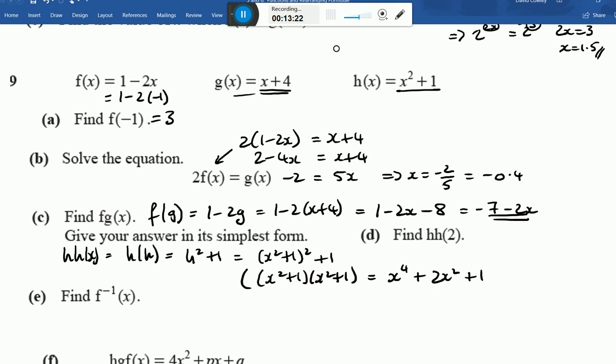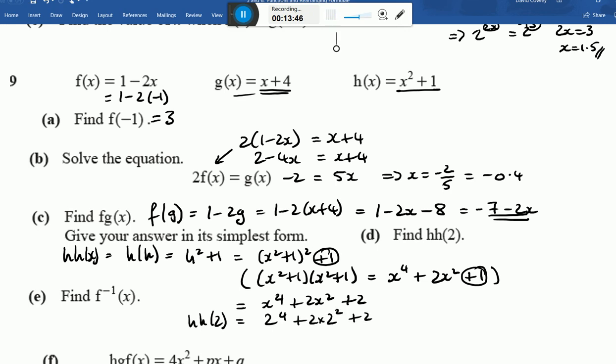So h of h of x is equal to x to the power of 4 plus 2x squared plus 1, plus 1 is plus 2. And so h(h(2)) is 2 to the power of 4 plus 2 times 2 squared plus 2, which is 26.